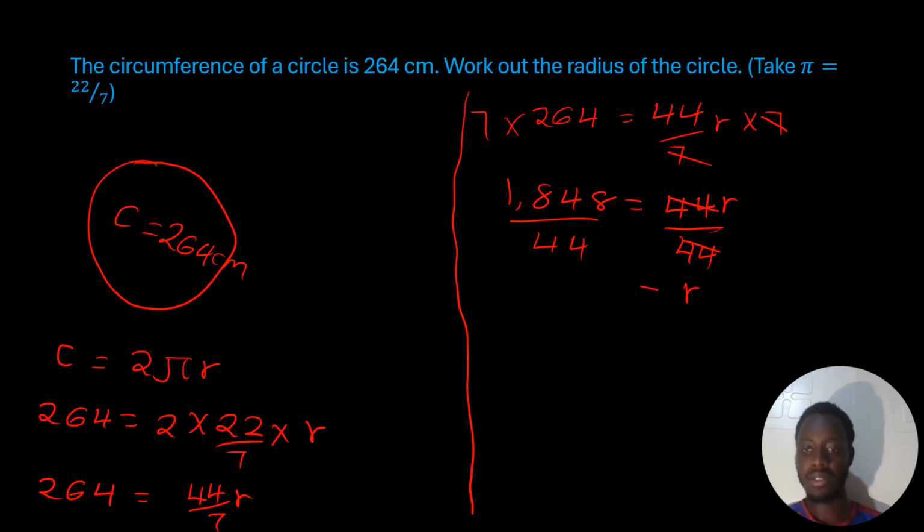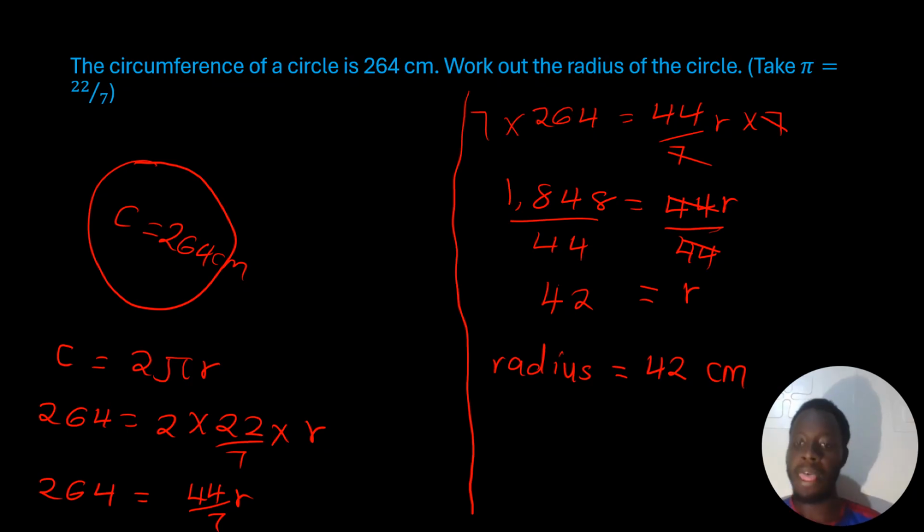So r is equal to 1848 divided by 44. So we have r is 42. So our radius is equal to 42 centimeters. Okay. You can always prove that by substituting the value of r as 42 and see whether you'll find 264 as the circumference.